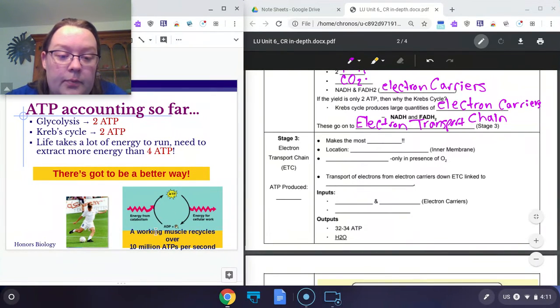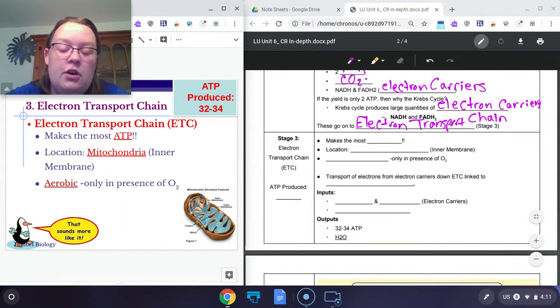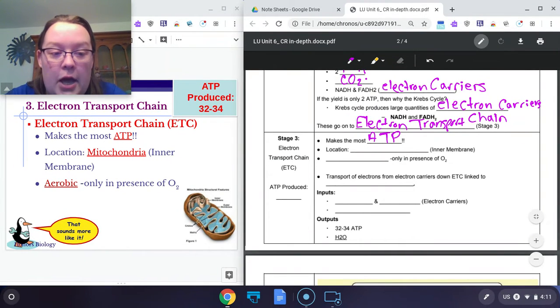Just an idea, working a muscle requires roughly 10 million ATPs a second. So contracting a muscle requires roughly 10 million ATP a second. So you are going to need way more than 4 ATP to get the job done. Therefore, the electron transport chain is very important because it's going to make the most ATP of all of the steps. And this process happens in the mitochondria.